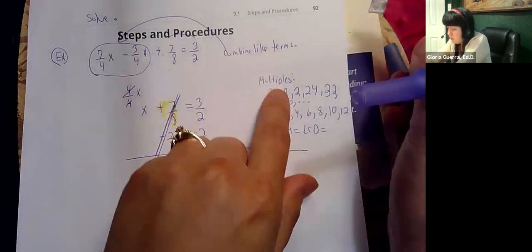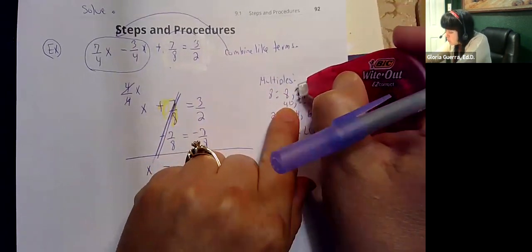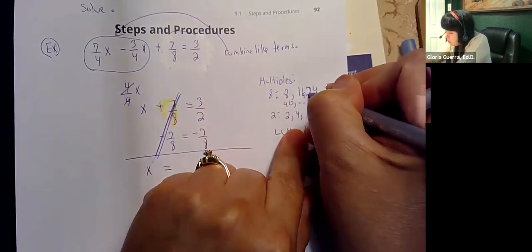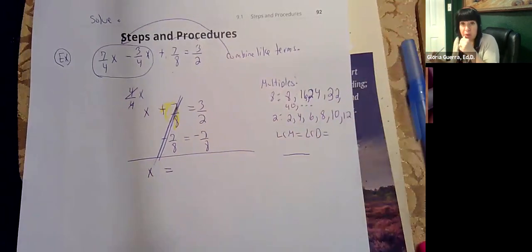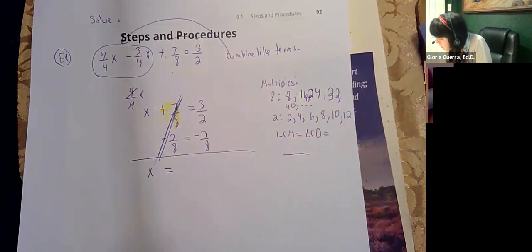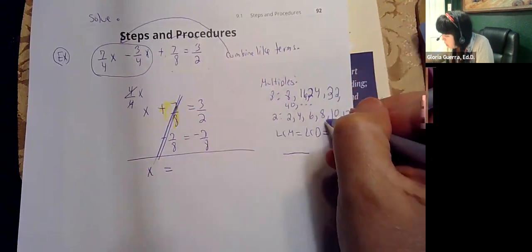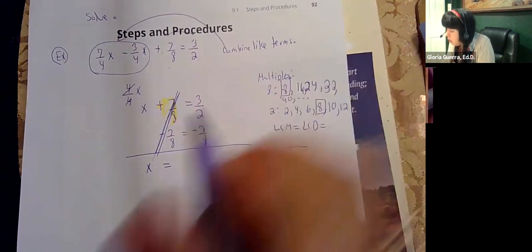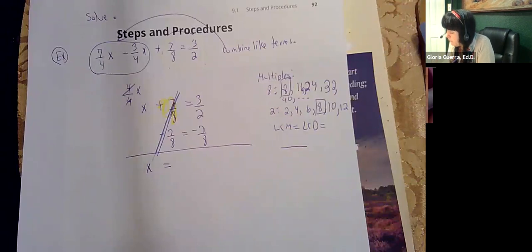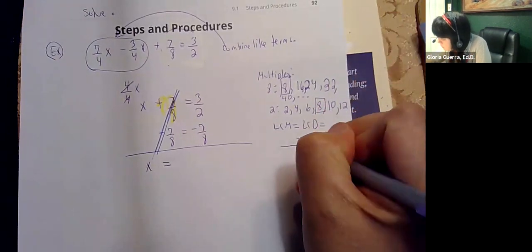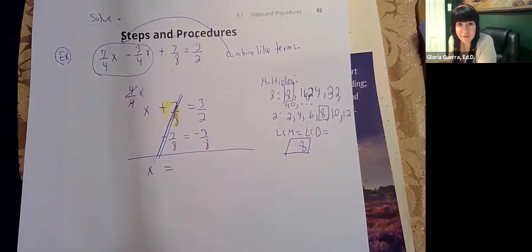Looks like it should have been 16 here. 8 times 2 is 16. 8, 16, 24, 32. And you see a match. Is 8 the first match you see? Okay, sorry. So it's 8.